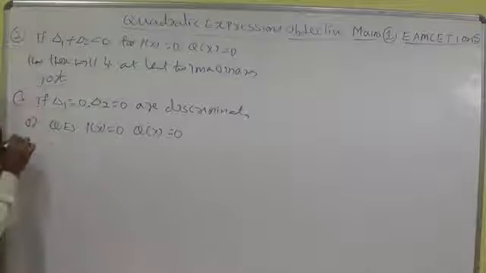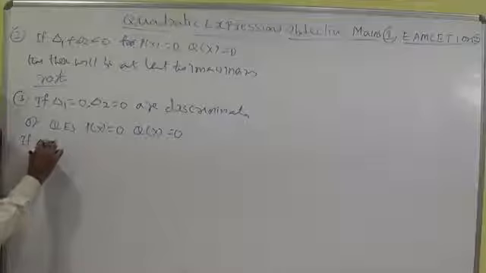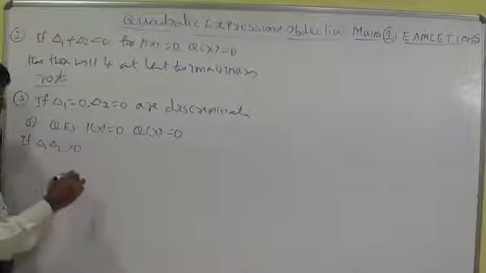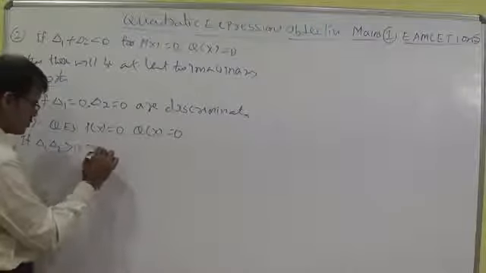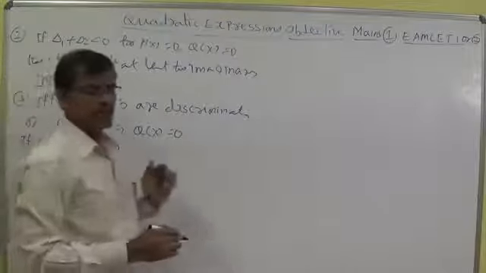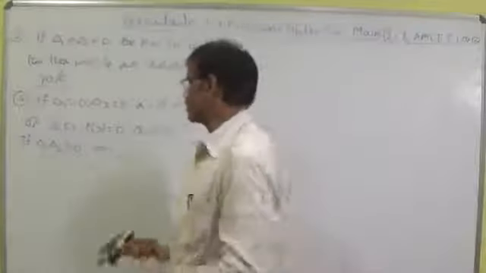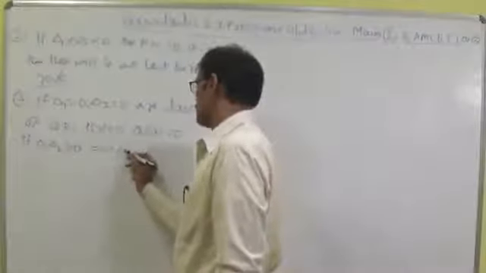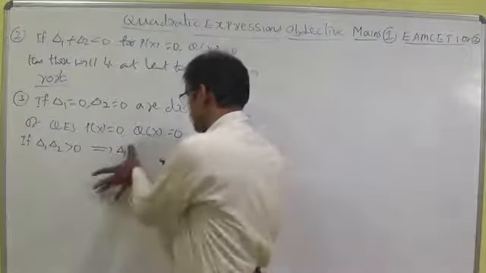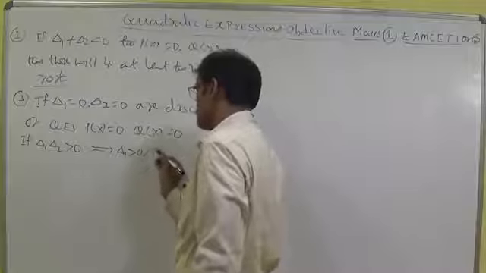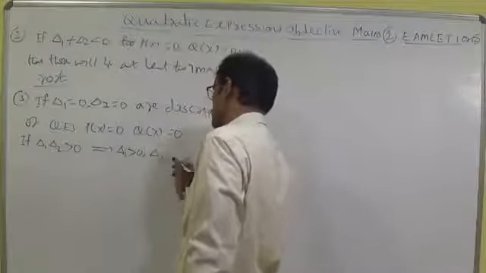among these conditions, if delta 1 into delta 2 is greater than 0, that implies the positive into positive case and the negative into negative case. I am going to discuss the cases. That implies delta 1 greater than 0, delta 2 greater than 0.